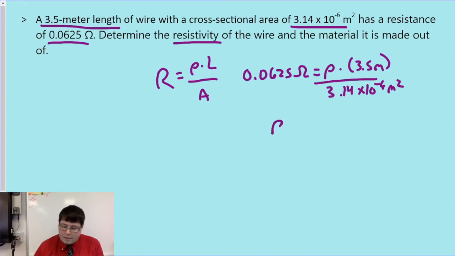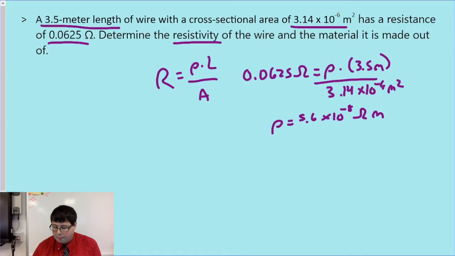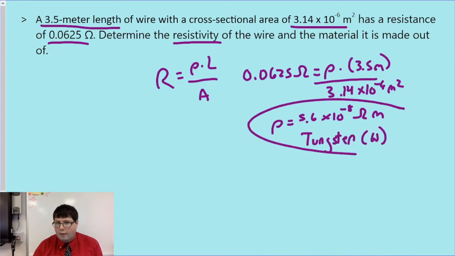I end up getting a resistivity of 5.6 times 10 to the minus 8th ohm meters. If you look back on your reference table, 5.6 times 10 to the minus 8th matches up well with tungsten, which is element W.